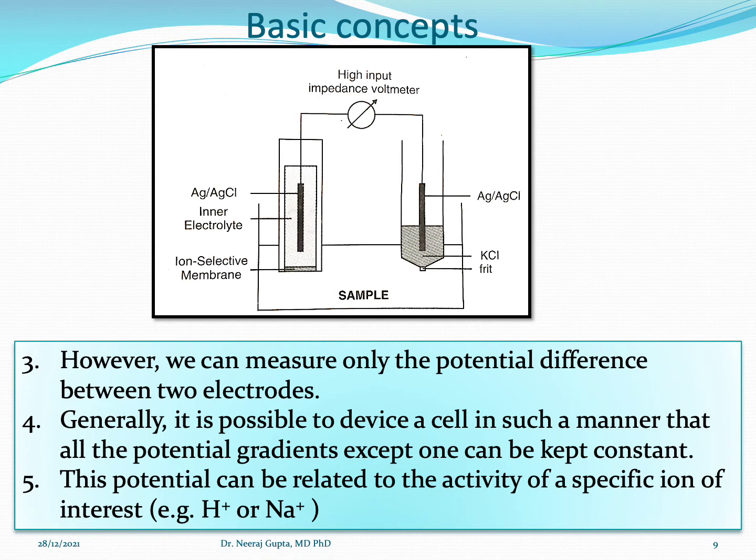However, we can measure only the potential difference between two electrodes. Generally, it is possible to devise a cell in such a manner that all the potential gradients except one can be kept constant, and this unknown potential can be related to the activity or concentration of a specific ion of interest, for example hydrogen or sodium.